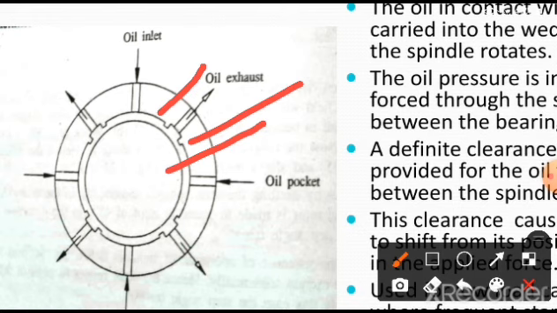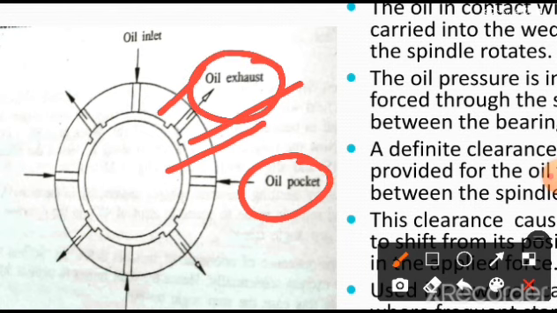And this supporting device is provided with two ports. You are going to see the oil entering and the oil exhaust. There are two ports here which you can see very clearly.